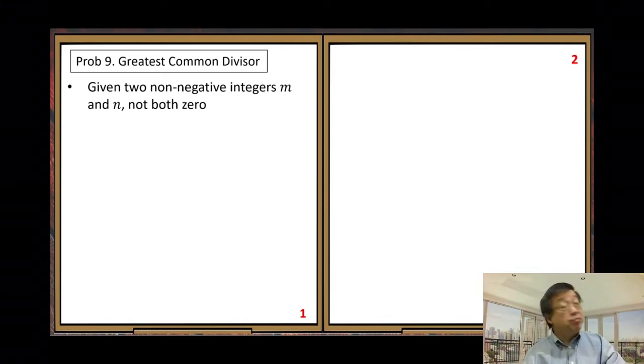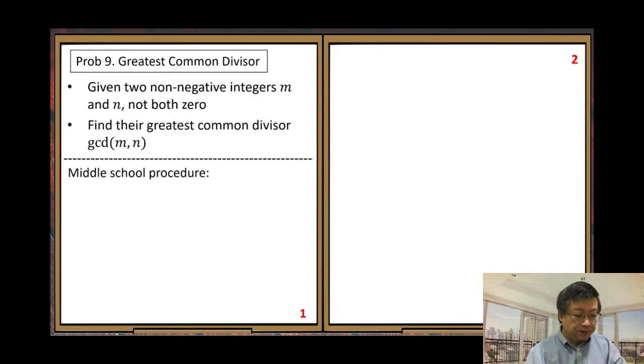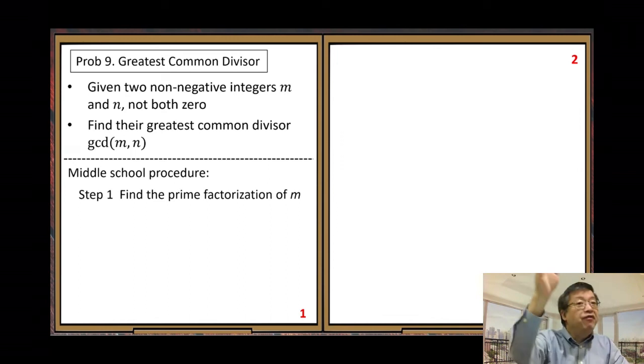To solve this problem, we have some experience. If you recall your middle school experience, probably you can solve this kind of problem. The basic procedure is like this. Step 1, find the prime factorization of m.